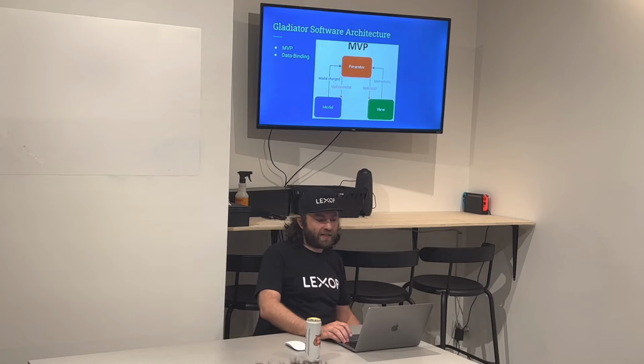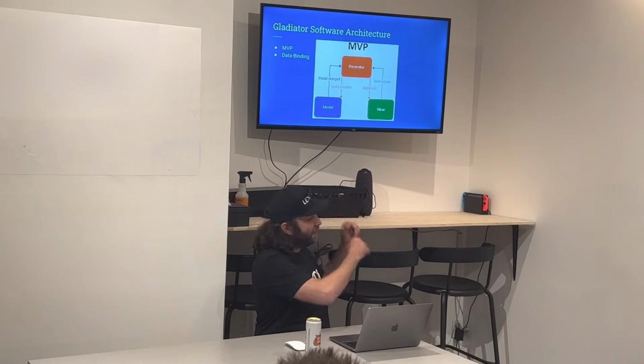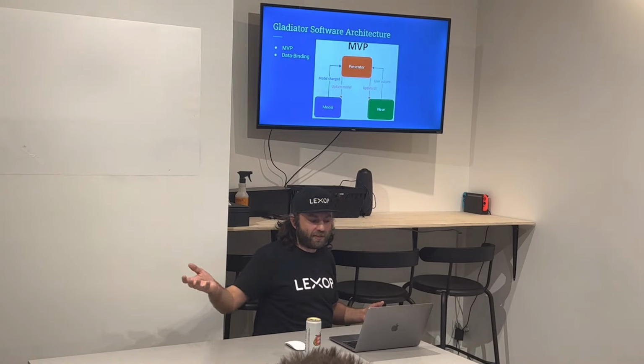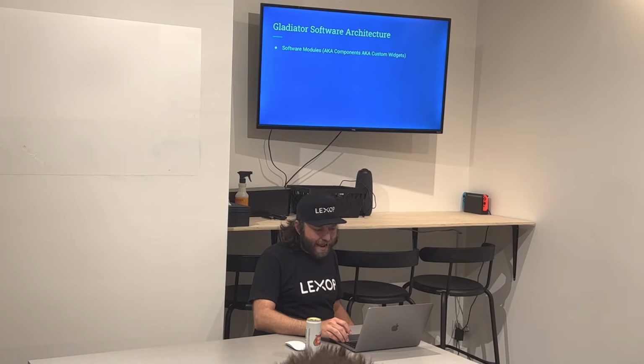Data binding lets you basically declaratively bind certain elements of the view into certain properties on the models. I'll show you code examples of that. Thirdly, the app is decomposed into software modules, aka components, aka custom widgets.